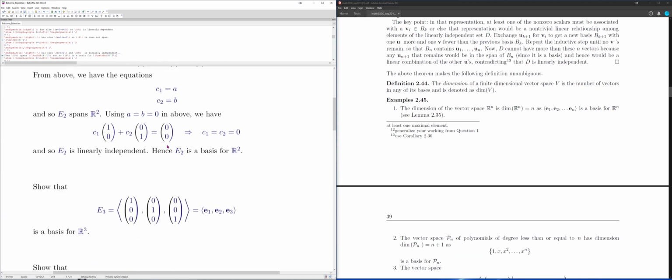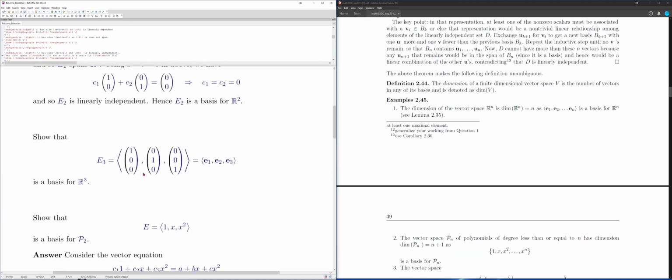For R3, you have 1 in the first position and 0 in the other positions for the first vector, 1 in the second position and 0 everywhere else for the second, and 1 in the third position for the third. So the standard basis vectors just have a 1 somewhere and 0 everywhere else, and where the 1 is depends on whether you're looking at the first, second, or third vector.